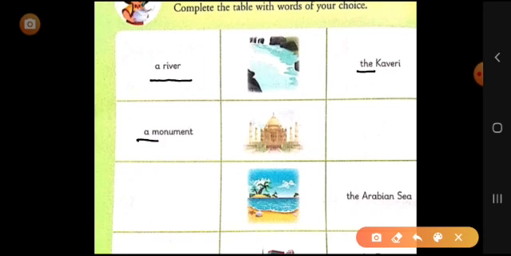So we'll write the Taj Mahal. Right? Now you have some more pictures also. So I would like you to try and do the rest of the work yourself.